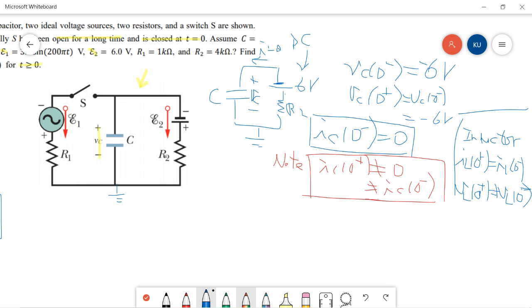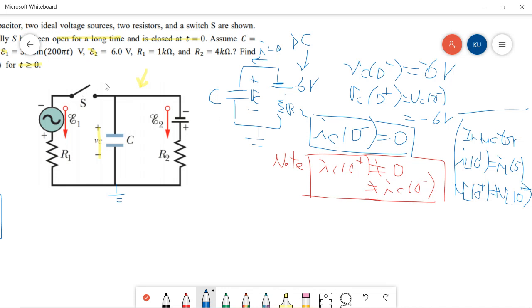The voltage across an inductor is not necessarily continuous. It may be continuous, but it is not necessarily continuous.